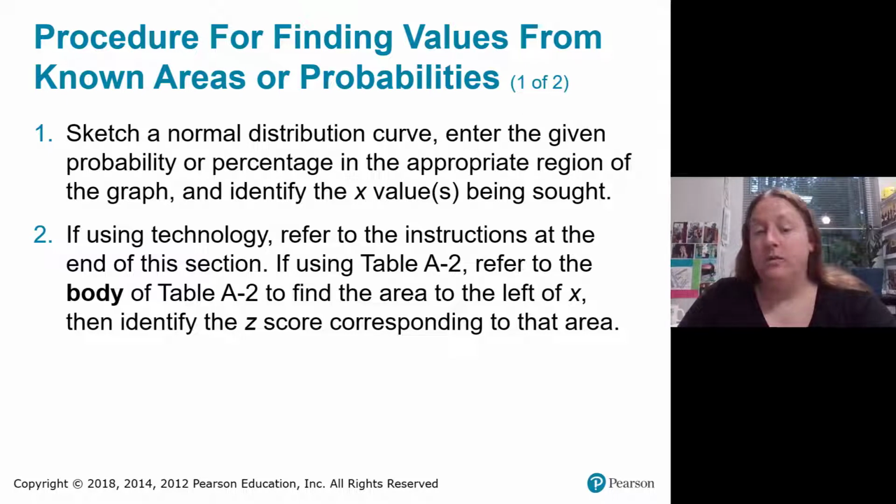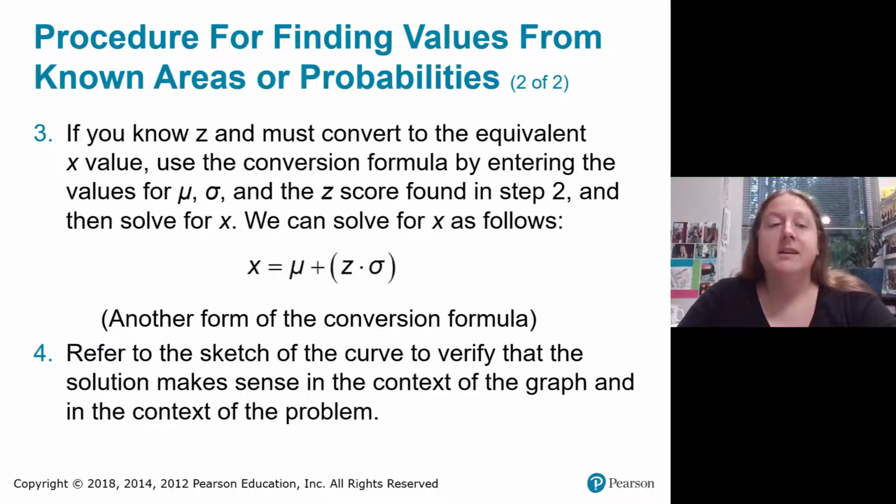And then we're going to go through the steps that we went through last time to identify the z-score that goes with that area. And then we're going to use that z-score formula that we had. If we solve it for x, we get x equals the mean plus the z-score times the standard deviation.